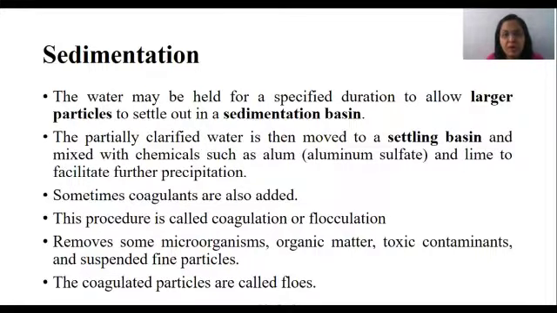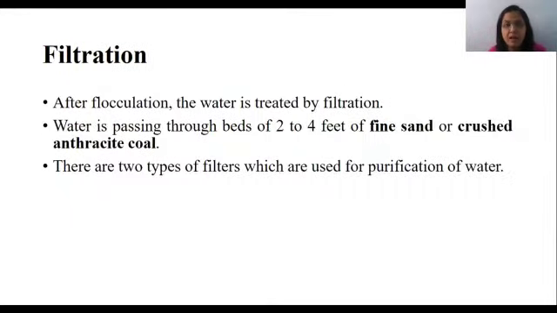Sometimes coagulants are also added and the process is called coagulation or flocculation, that removes some microorganisms, organic matter, toxic contaminants, and suspended fine particles. The coagulated particles are called flocs. After sedimentation, the flocculation process is done.